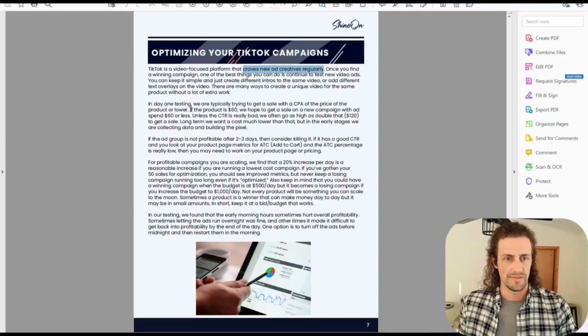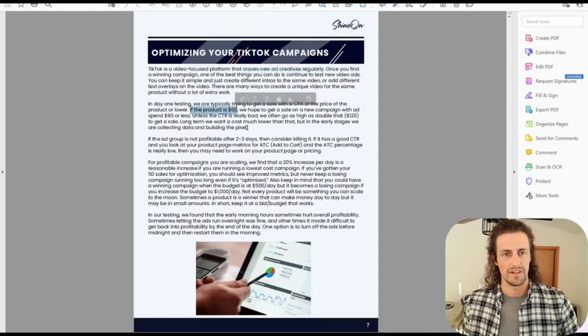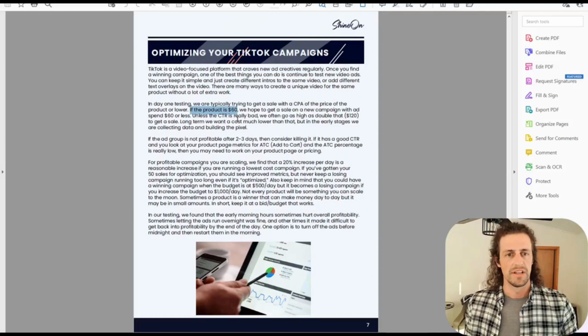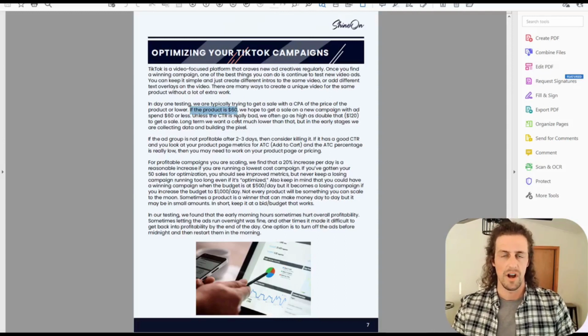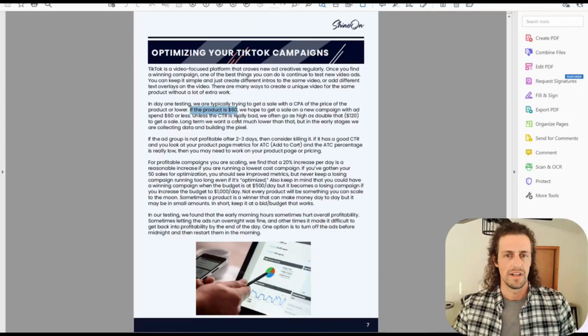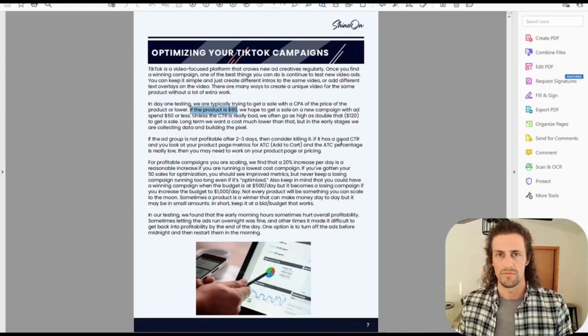So for first day testing, let's say the product was $60, and I've used different price points, but the main thing here is a lot of times you have to at least spend the cost of the item to start testing and to start collecting data. What we often tended to do is give it up to, let's say, double the price of the product as we're testing, just to see, maybe we just had one bad day.